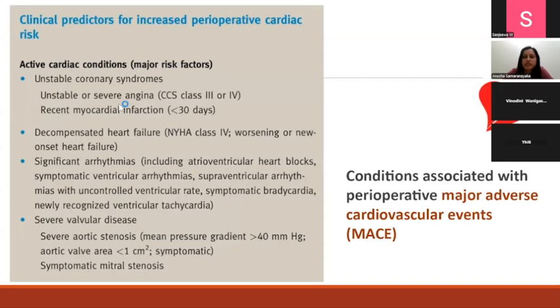According to the recent evidence, the recommendation is to delay elective surgery after a recent myocardial infarction for 4 to 6 weeks if feasible.